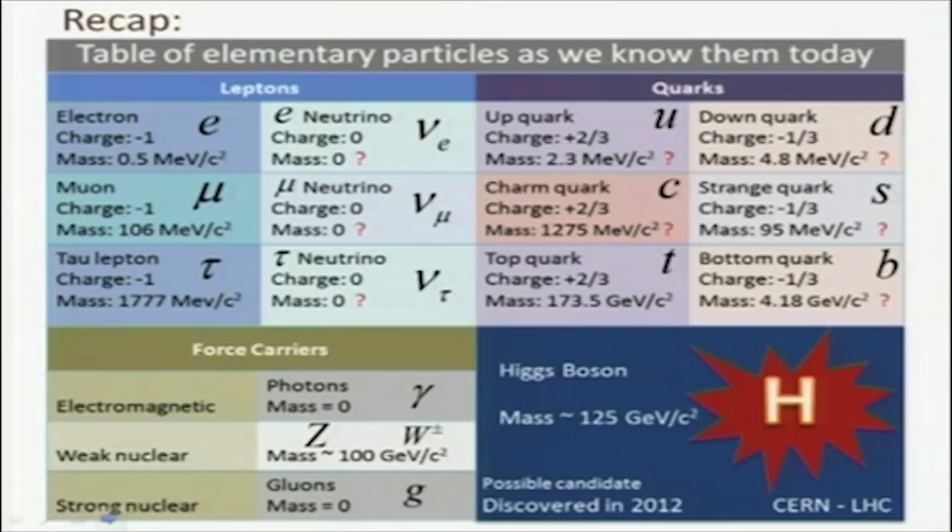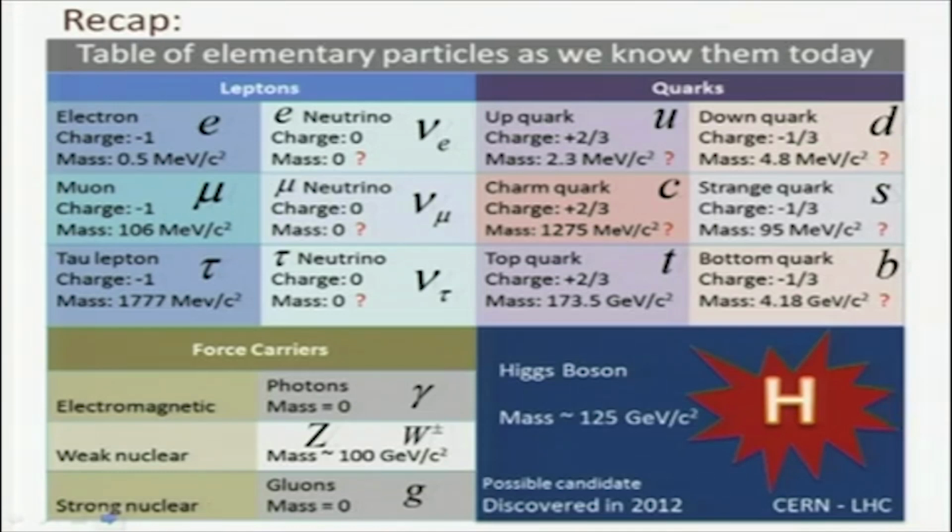So, to recap what we had discussed about the elementary particles and the forces in the last lecture, we said we could broadly classify the elementary particles into two categories. One is called leptons, the other is called quarks.